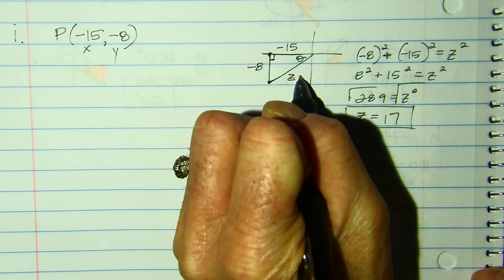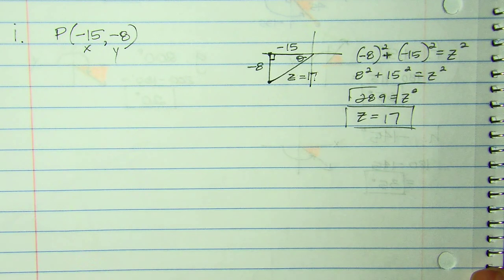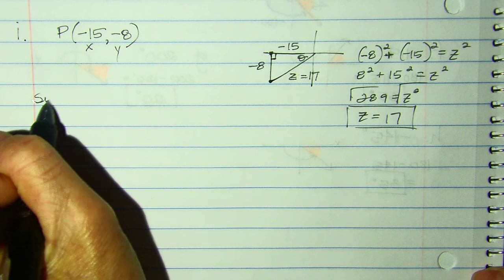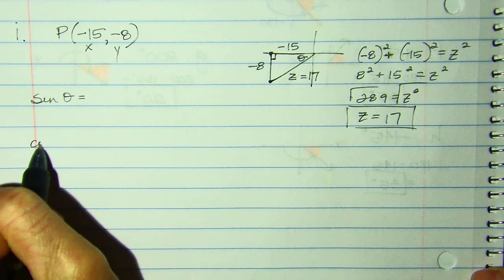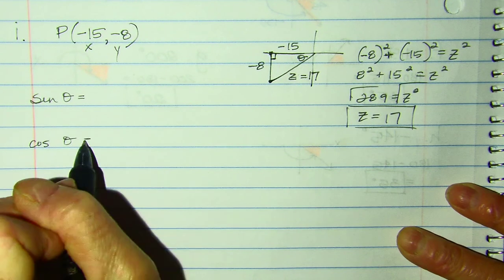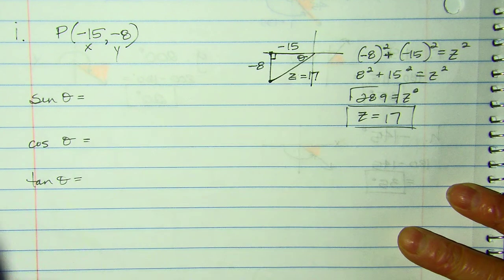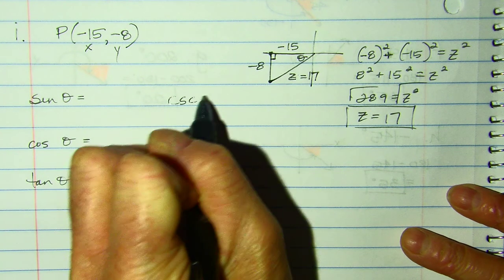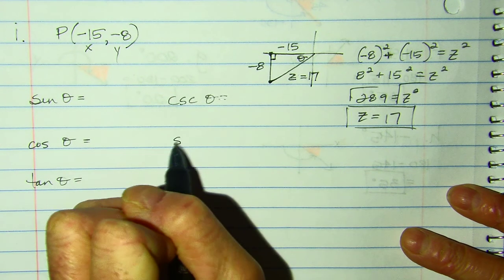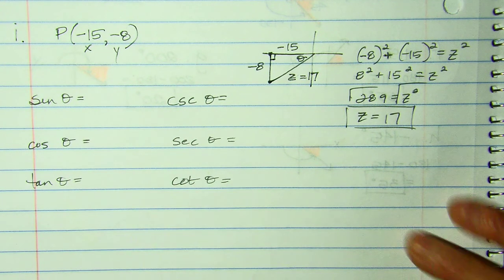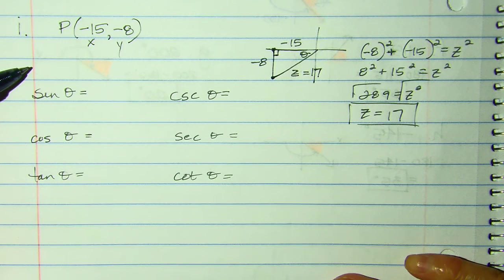So now I've got all my sides. Now I'm going to do the sine of theta, the cosine of theta, the tangent of theta. That's what we call this little angle, theta, a Greek symbol. Then I'm going to find the cosecant of theta, the secant of theta, and the cotangent of theta. Start with your original functions first.